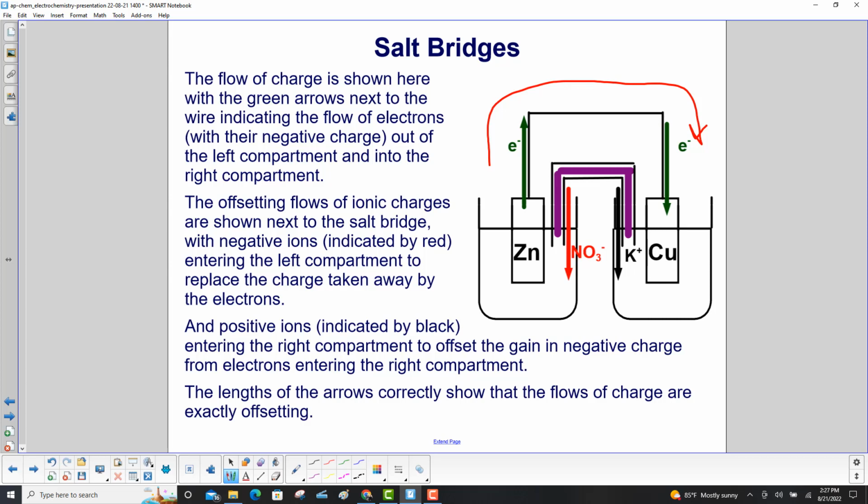The offsetting flows of ionic charges are shown next to the salt bridge, which is in purple, with the negative ions, nitrate, indicated by red, entering the left compartment to replace the charge taken away by the electrons, and positive ions, the potassium plus, indicated by black, entering the right compartment to offset the gain in negative charge from electrons entering the right compartment. The lengths of the arrows correctly show that the flows of charge are exactly offsetting.